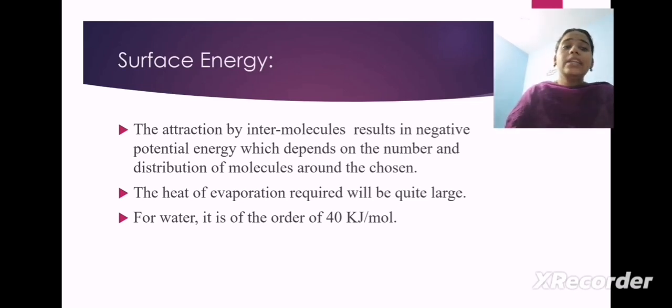So, to separate them, we have to heat it. This heat of evaporation is quite large when compared to that of gas. For water it is of the order of 40 kJ per mole.